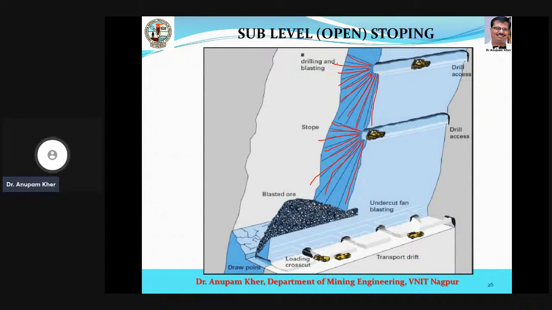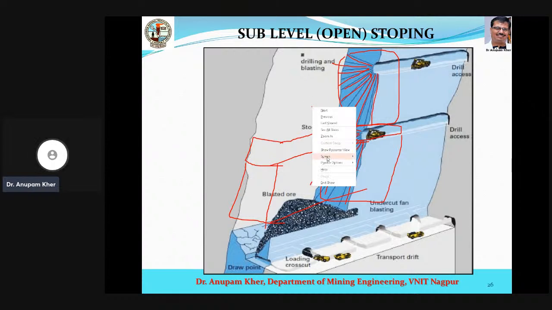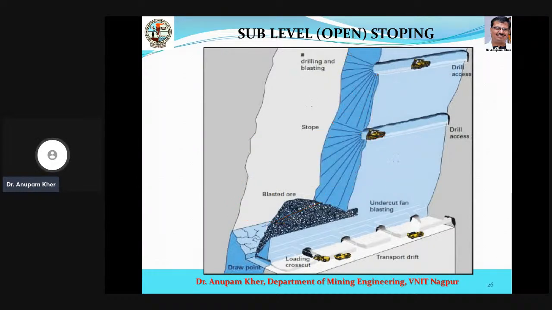So this entire block can be blasted, and from underground you can see this much of block is also blasted from one sub level. And in the previous blast, this much of ore has been blasted. These methods are highly productive because of this drilling and blasting technology. In one single blast we are able to produce a lot of output.